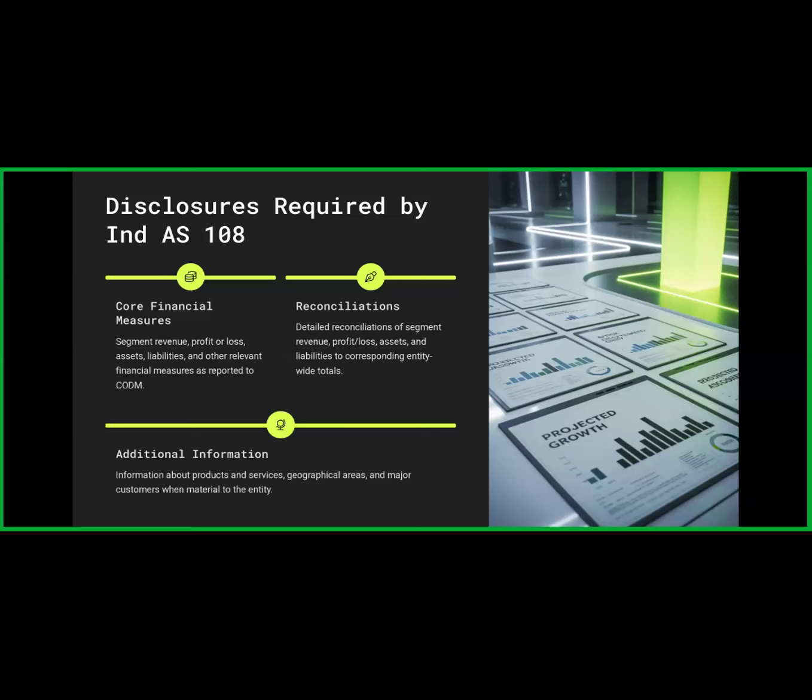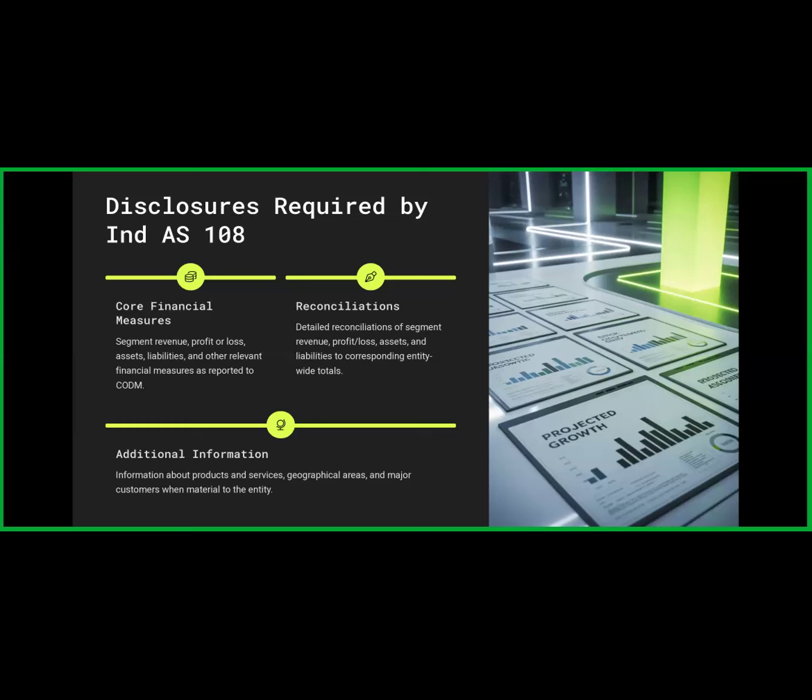Next one is the reconciliation. That is the detailed reconciliation of segment revenue, profit, loss, assets, and liabilities. All these things should be there in the financial information under that operating segment.